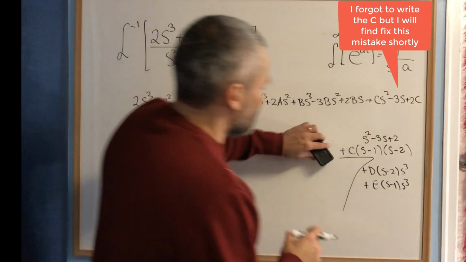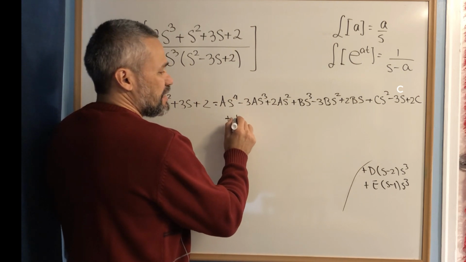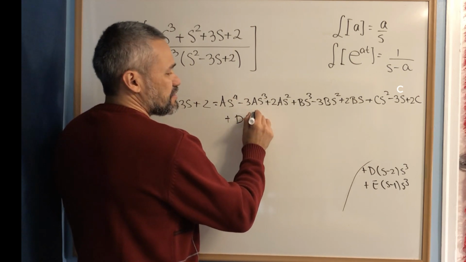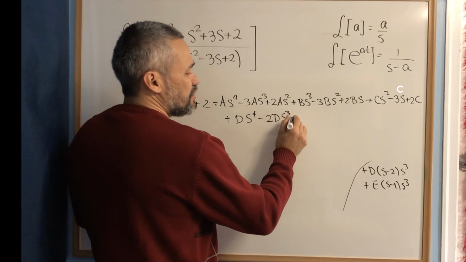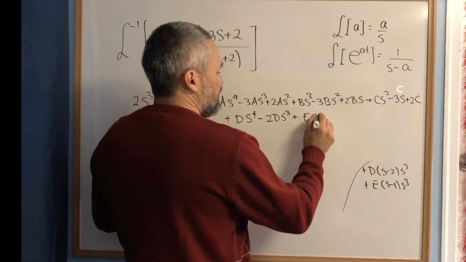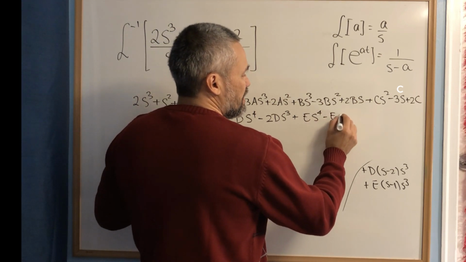And then we continue with this one, plus d s to the 4 minus 2d s cubed plus e s to the 4 minus e s cubed.